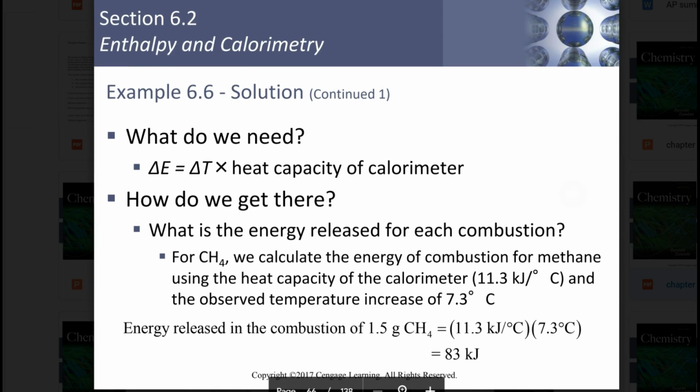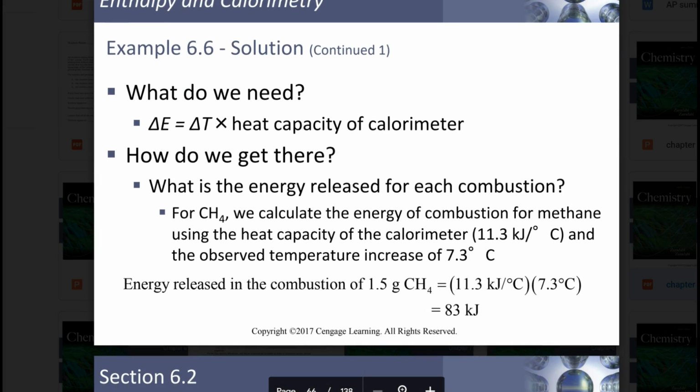You know that the energy is delta T times the heat capacity of the calorimeter. In other words, does it matter how many grams I had to begin with? No. So all I care about is the temperature change and the heat capacity of the calorimeter.